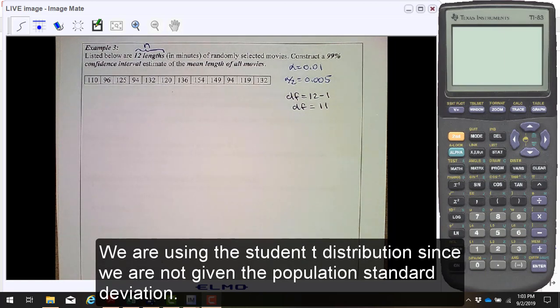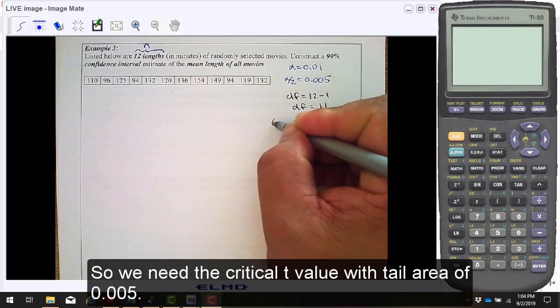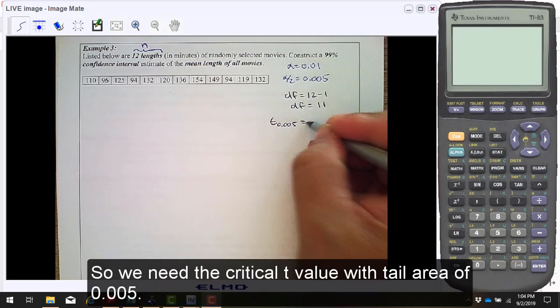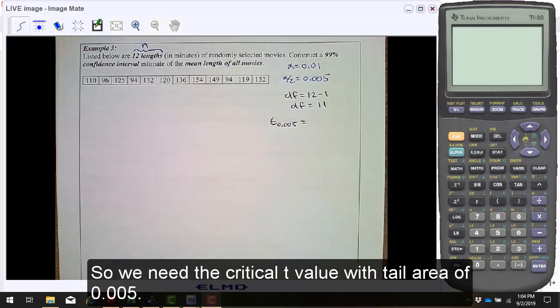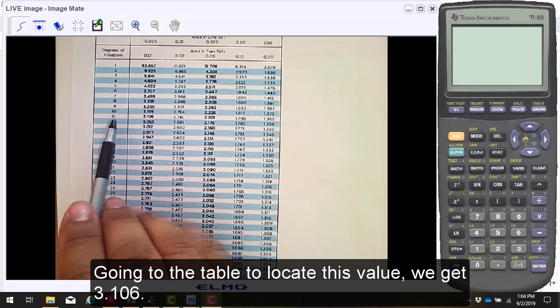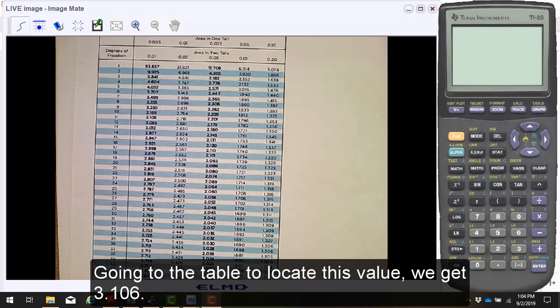We are using the student t-distribution since we're not given the population standard deviation. So we need the critical t-value with tail area of 0.005. Going to the table to locate this value, we get 3.106.